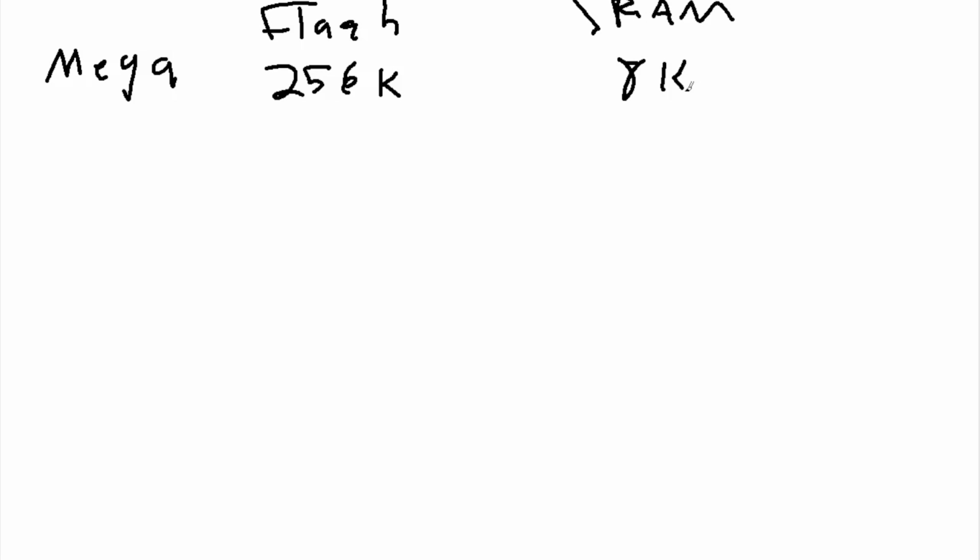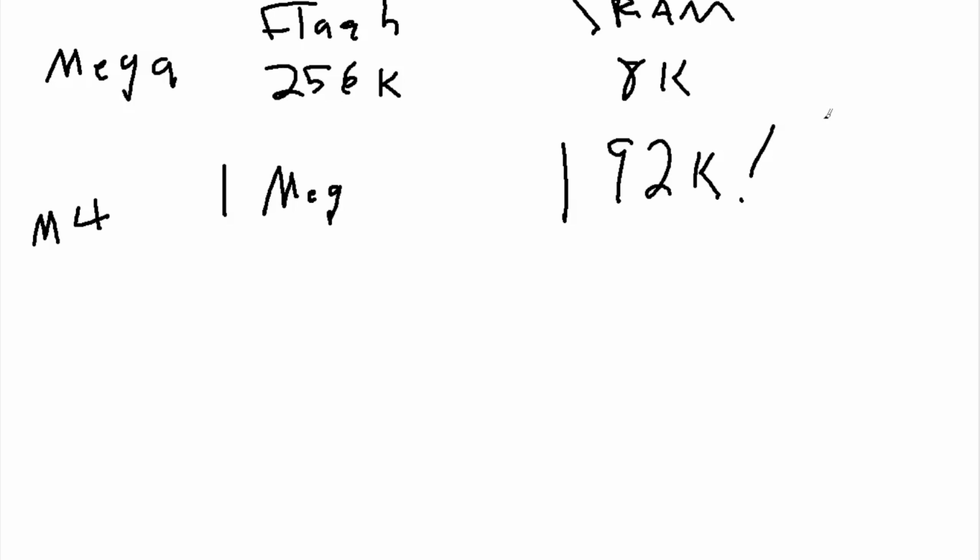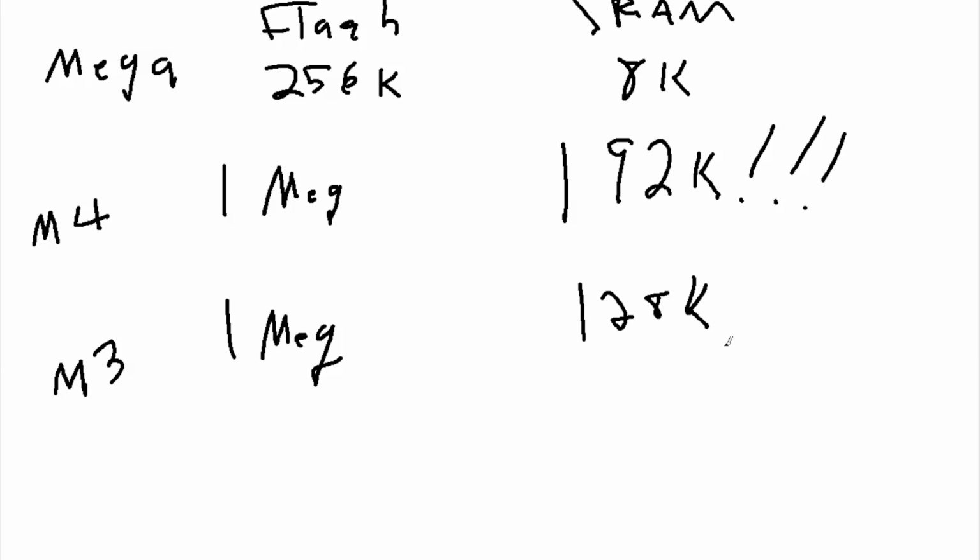Now, to show you the difference in memory size, let's look at the flash and the SRAM. So our Mega, we know, has 256K of flash and 8K of SRAM. Now our M4 has 1 meg of flash and up to 192K of SRAM depending on the chip. The M3s have also up to a meg of flash depending on the chip and up to 128K of SRAM, which is already getting into bonkers territory compared to our 8K.